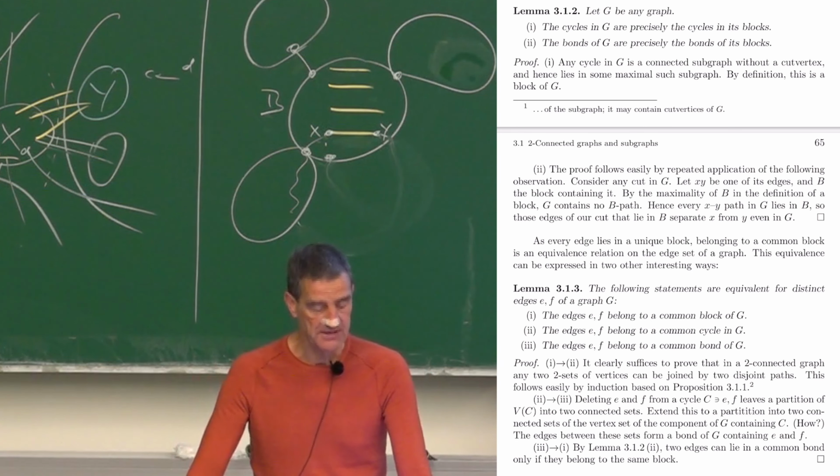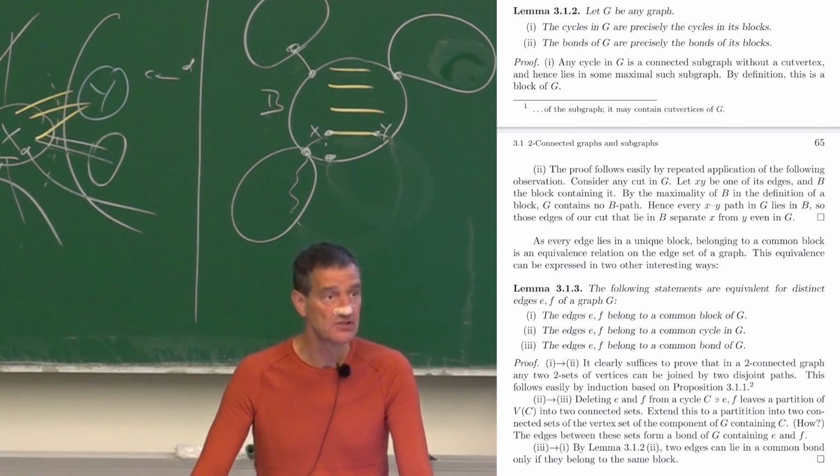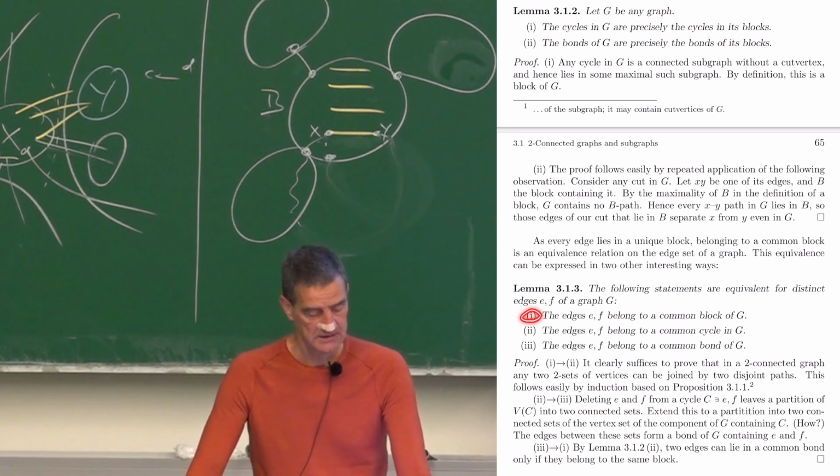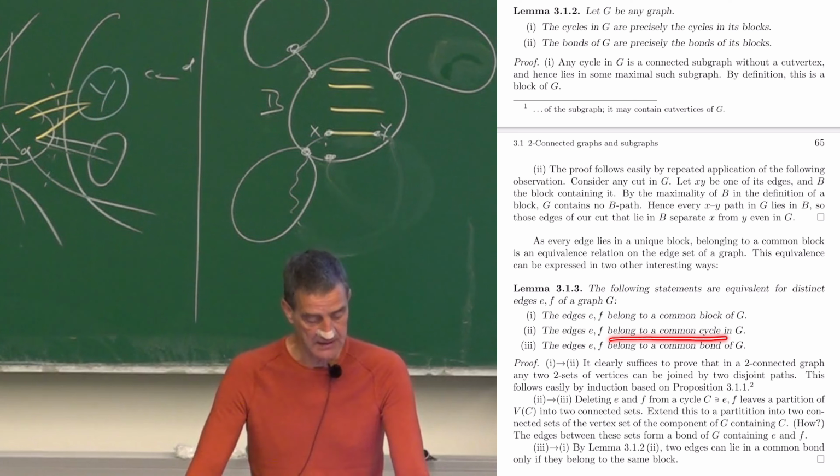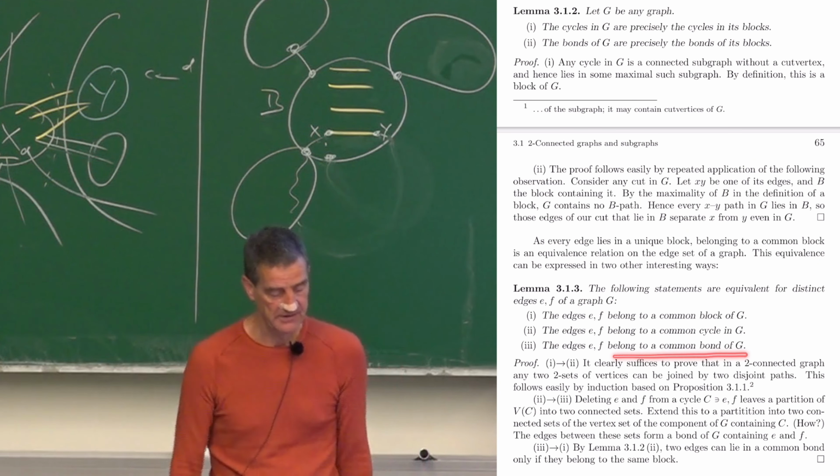The first is that they belong to the same block, to some common block. The second is that they lie on some common cycle. And the third is that they lie on some common bond.